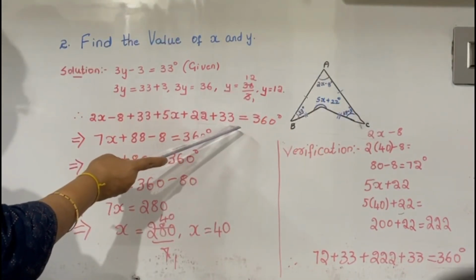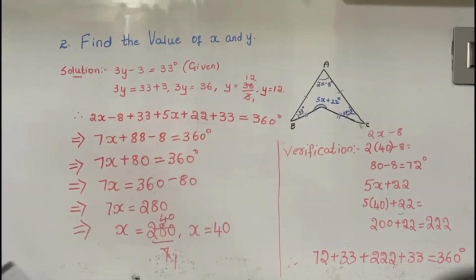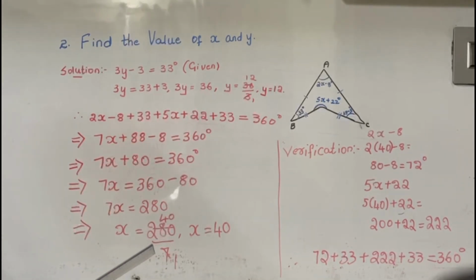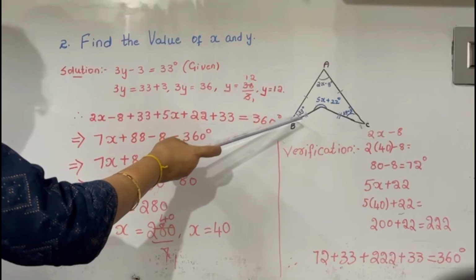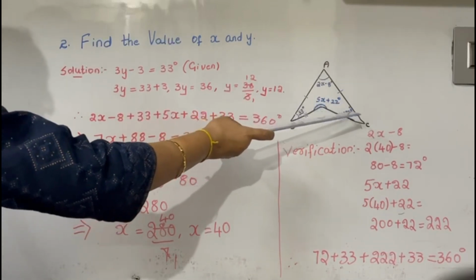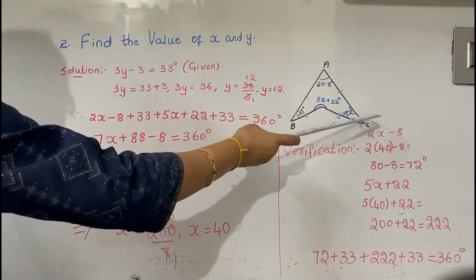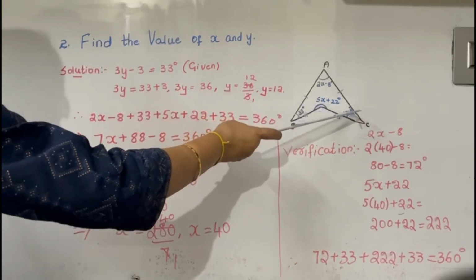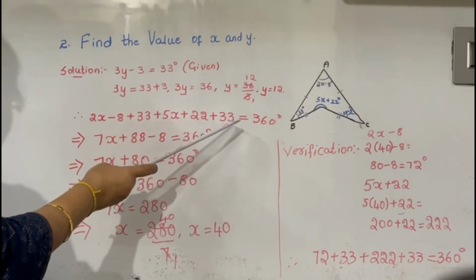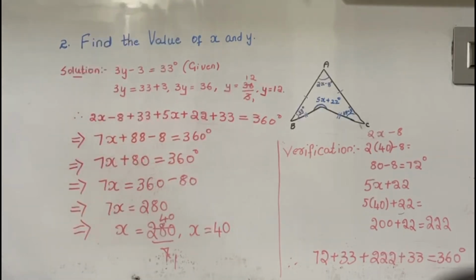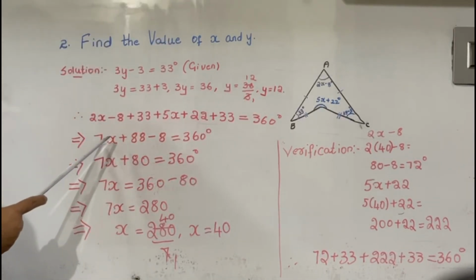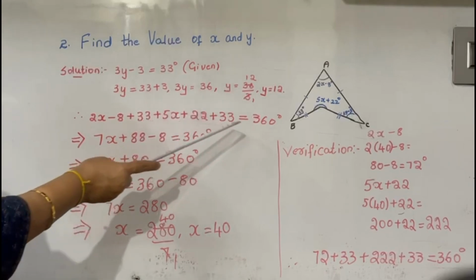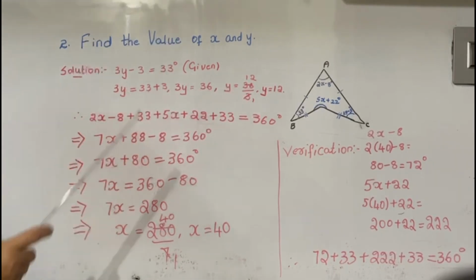Hence, I have written it here as 33 because these two angles are equal, which is equal to 360 degrees. I repeat again, 2x minus 8, 33, 5x plus 22. This also, if you substitute the value of y as 12 here, you will get the value 33 degrees only. Therefore, I have written it as 33 here, which is equal to 360 degrees. 7x plus 88, that is 33 plus 33 plus 22.